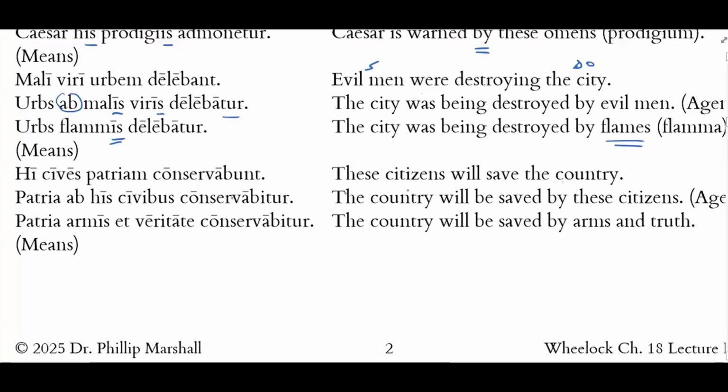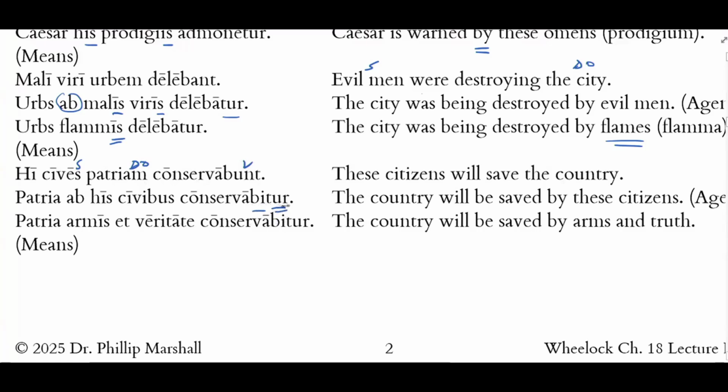Okay. And then the last examples. These citizens will save the country. Hi cives patriam conservabunt. So direct object, subject, verb, right? So the citizens are the agents saving the country. Passive, the country becomes the subject. Patria conservabitur. So there's the future. There's the passive.